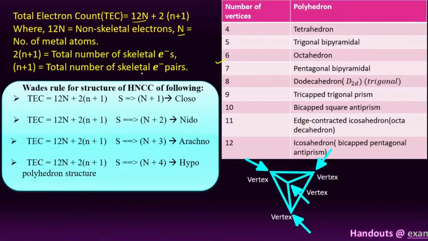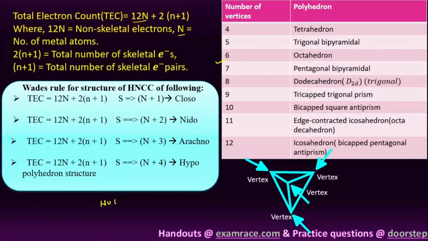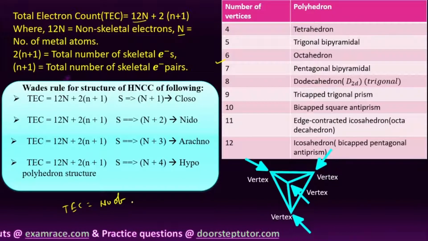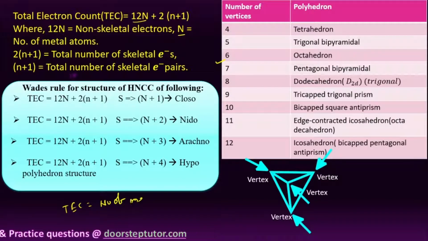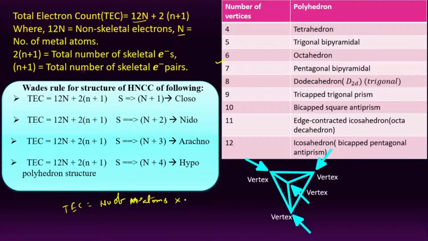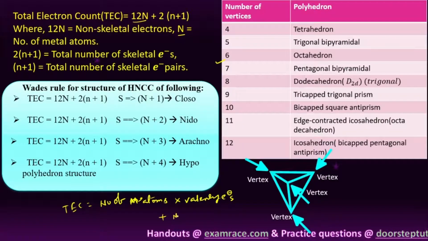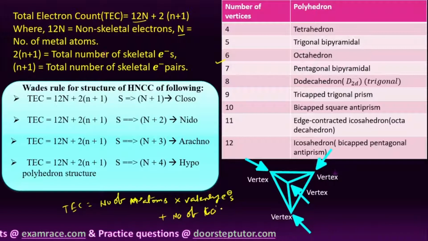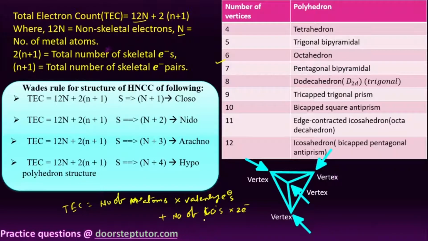TEC is equal to the number of metal atoms into its valency electrons plus the number of COs into 2 electrons. So that's it, it will give the total number of electrons.